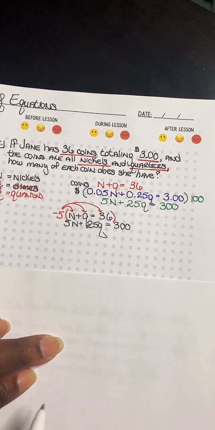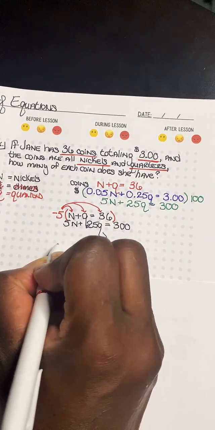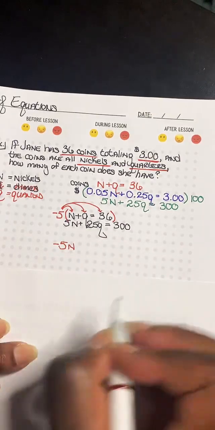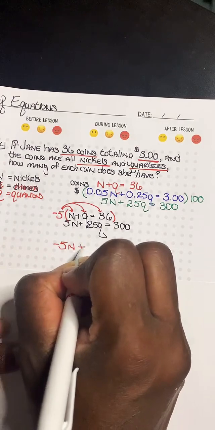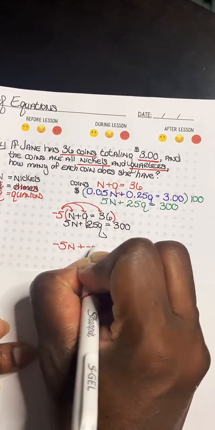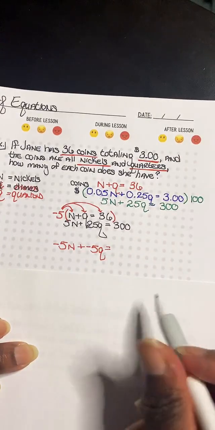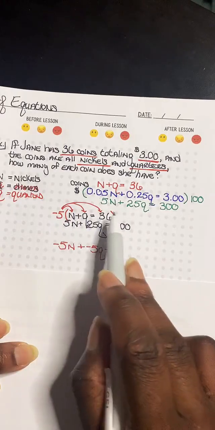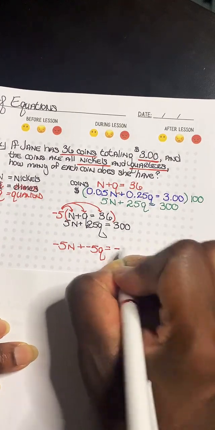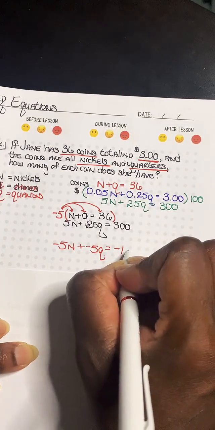So now we have -5 times n, that gives me -5n, plus -5 times q gives me -5q. Now, -5 times 36, that gives me -180.